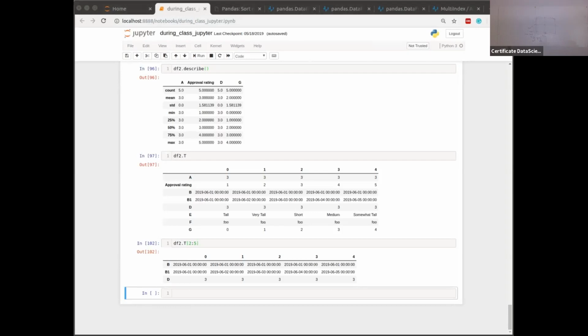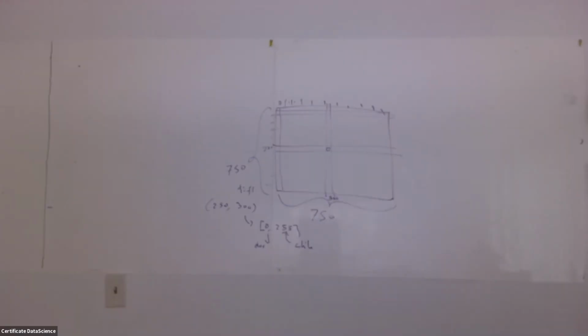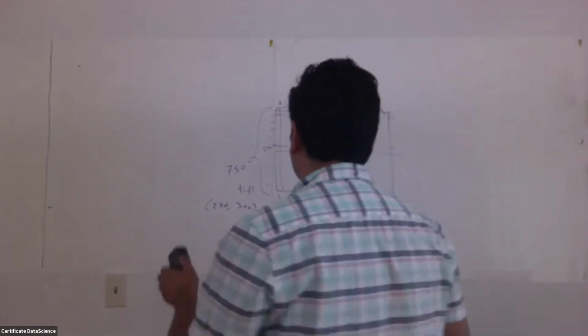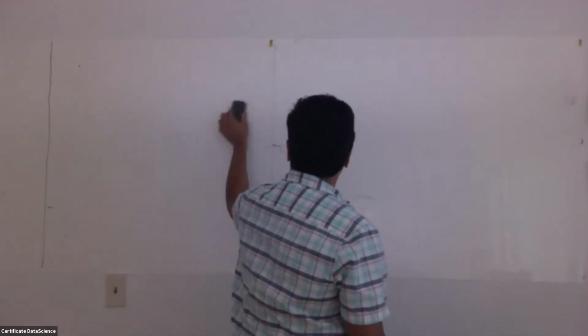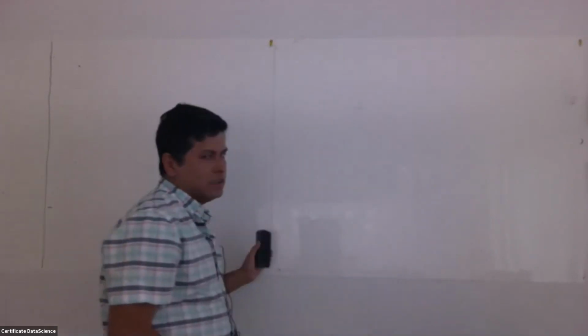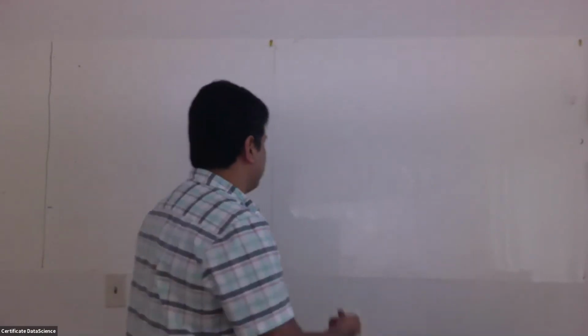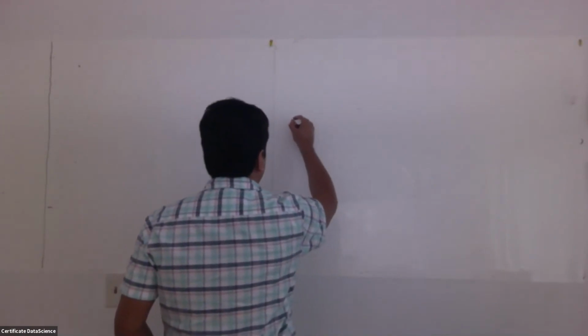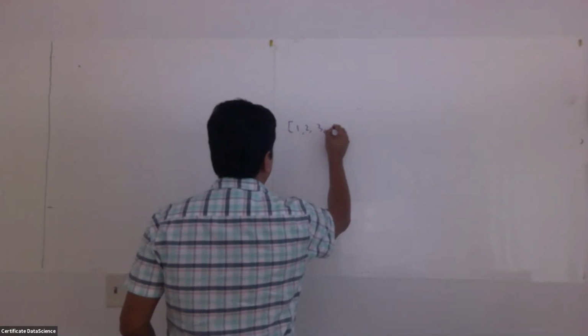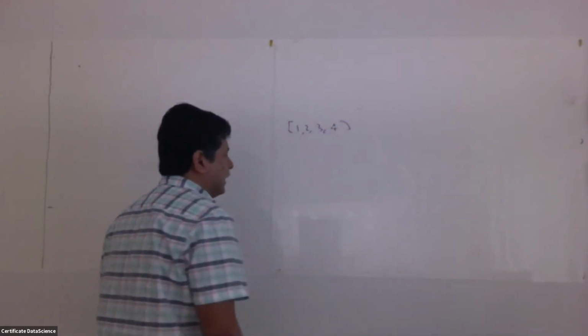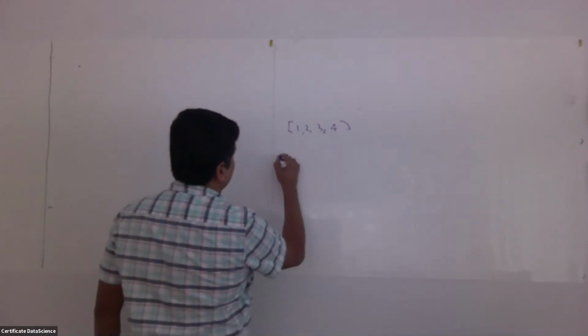Let us now use the board. When you have a data object, say an array, say 1, 2, 3, 4, 5, there are several properties here, right? What type is it?